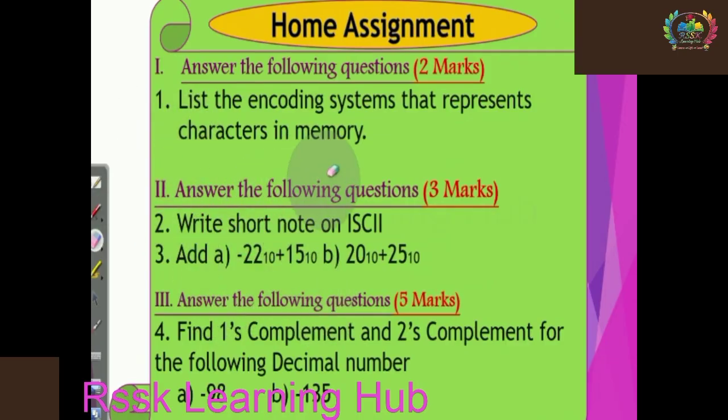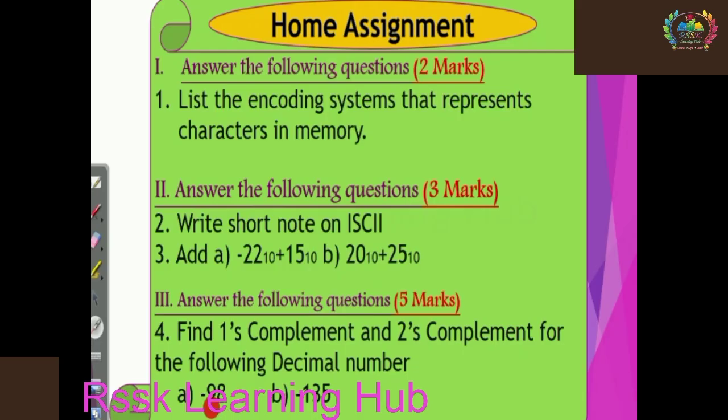Now take down the home assignment for this part. Two-mark question: list the encoding systems that represent characters in memory. Next question, write a short note on ISCII. Add 22 base 10 plus 15 base 10, where this 22 is minus 22. Similarly, 20 base 10 plus 25 base 10. Then a three-mark question: find one's complement and two's complement for the following decimal number.